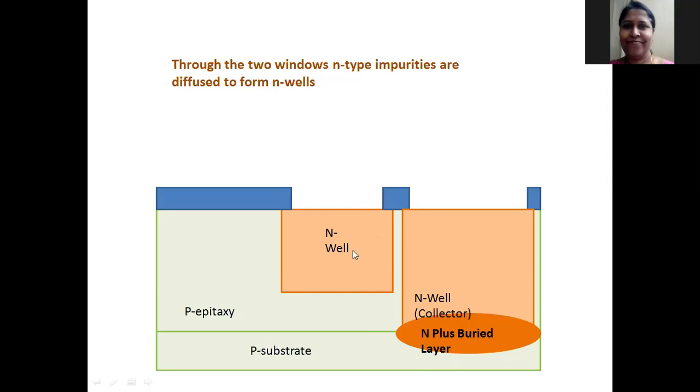You have to allow the N impurities to develop N structure here and also N structure here. So this will work as collector, and this is N-well for MOSFET.